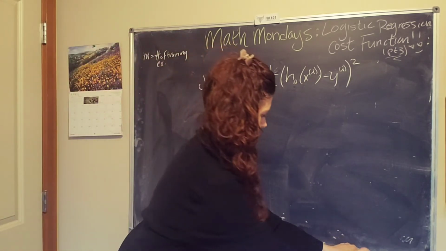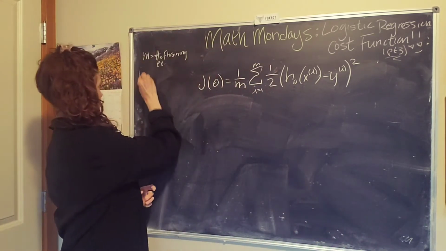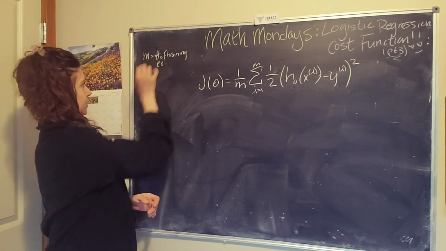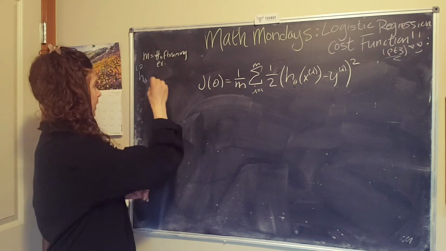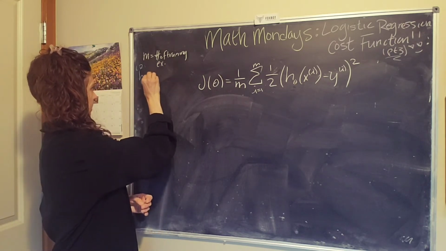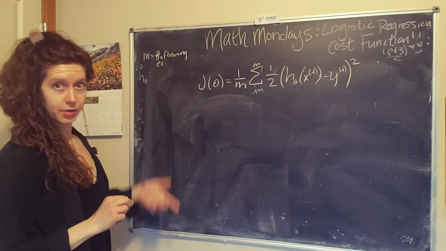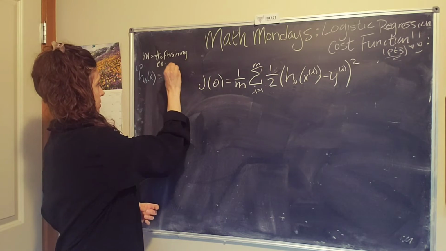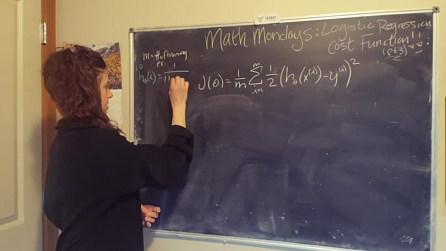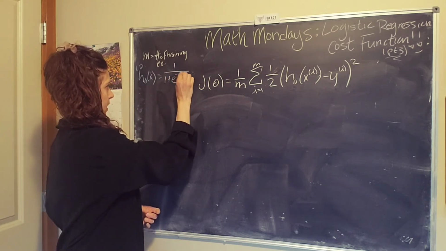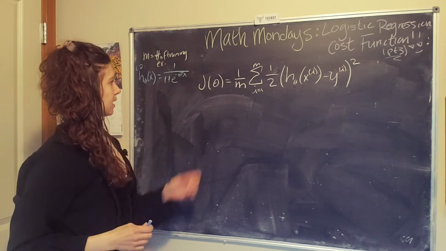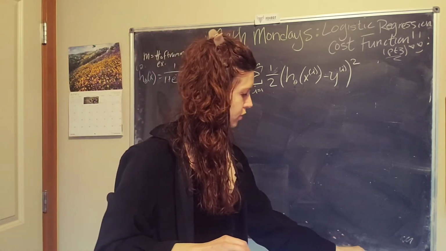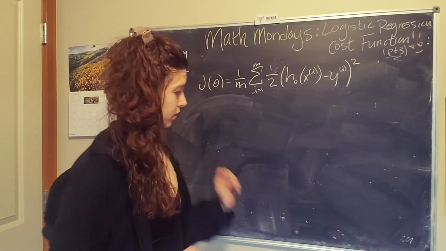So for funsies, our hypothesis function for LR, logistic regression, the hypothesis or predicted function of x equals 1 over 1 plus e to the negative theta transpose times x. All right, so we need to define a cost function that works with this shenanigans.